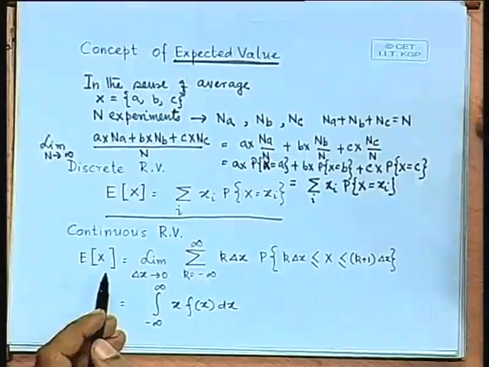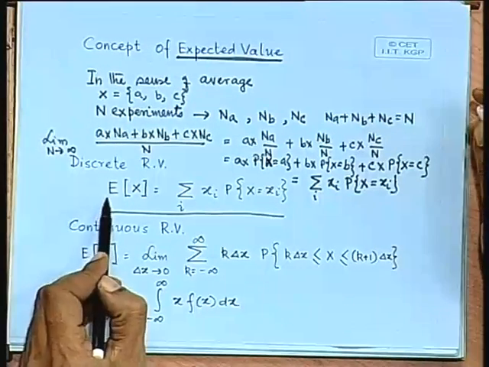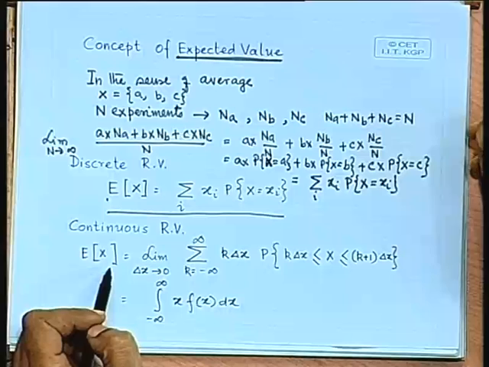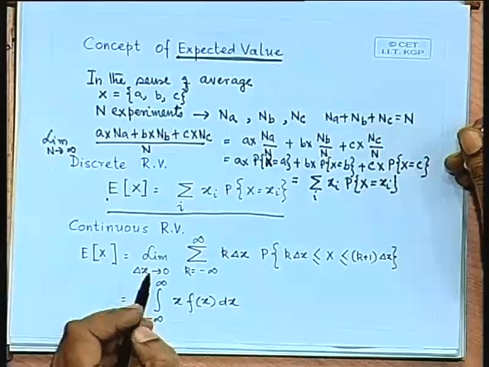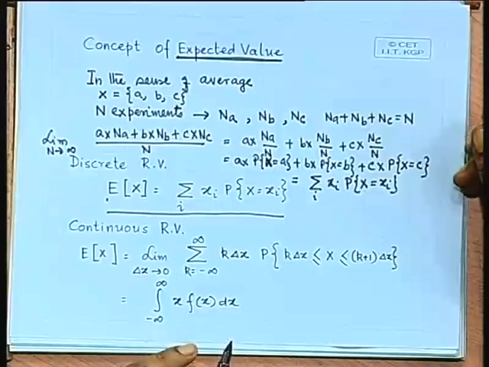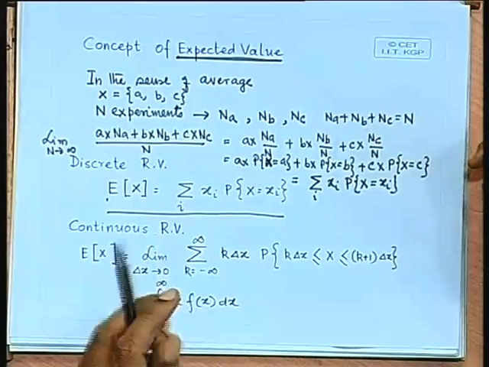We try to write this summation for a continuous variable, and we take very small intervals, so the limit of delta x tending to 0, and obviously if we take very small intervals, then the number of intervals will become infinity.